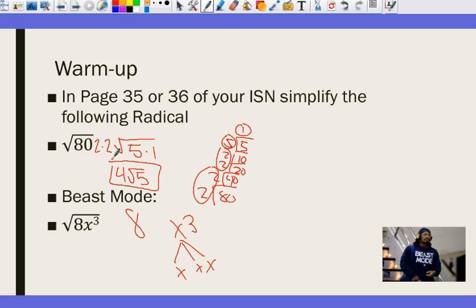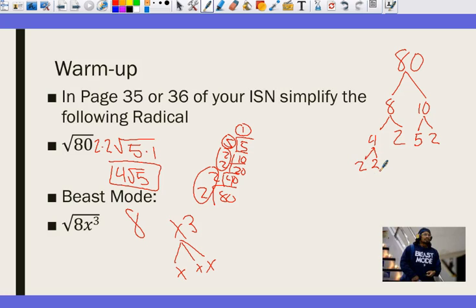We could have also done it using a factoring tree. 80. Someone give me 2 factors of 80. I don't want 2 and 40. 8 and 10. 8 gets split into what? 4 and 2. 10 gets split into 5 and 2. 4 can get split into 2 and 2.